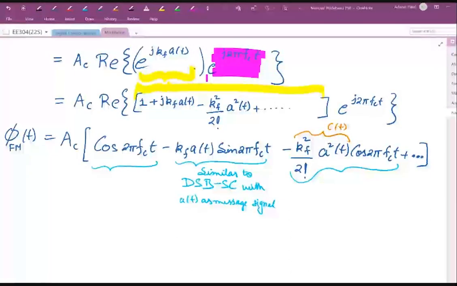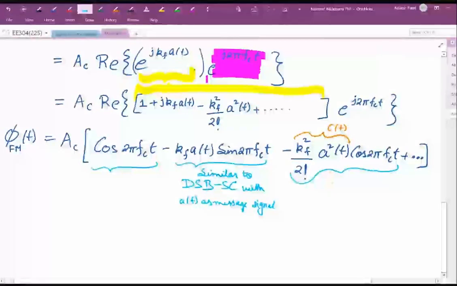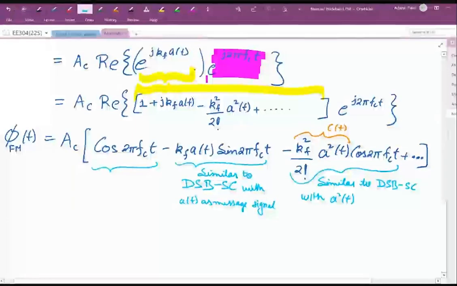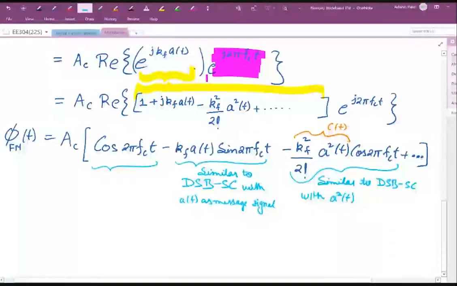So this will be similar to DSB-SC with a square t as the message signal, because kf square by factorial 2 is a constant.